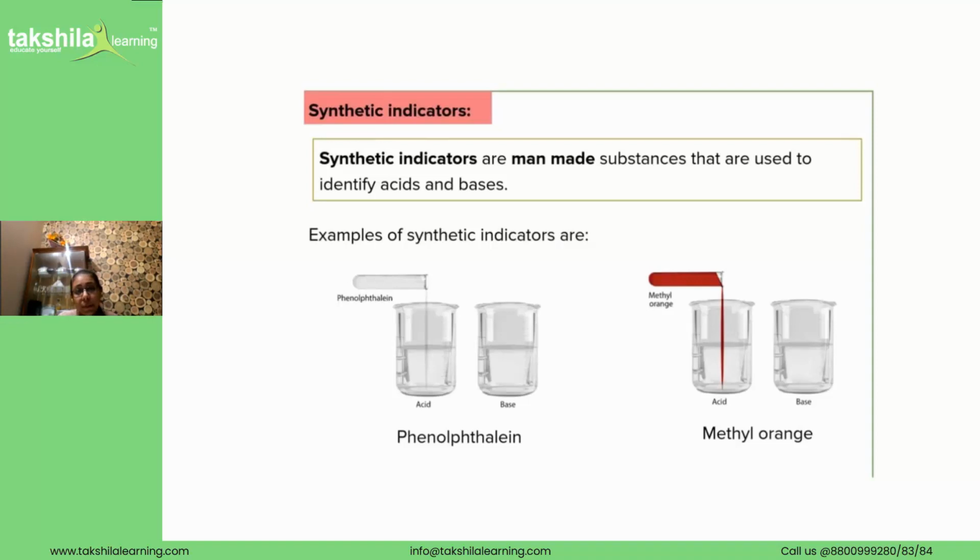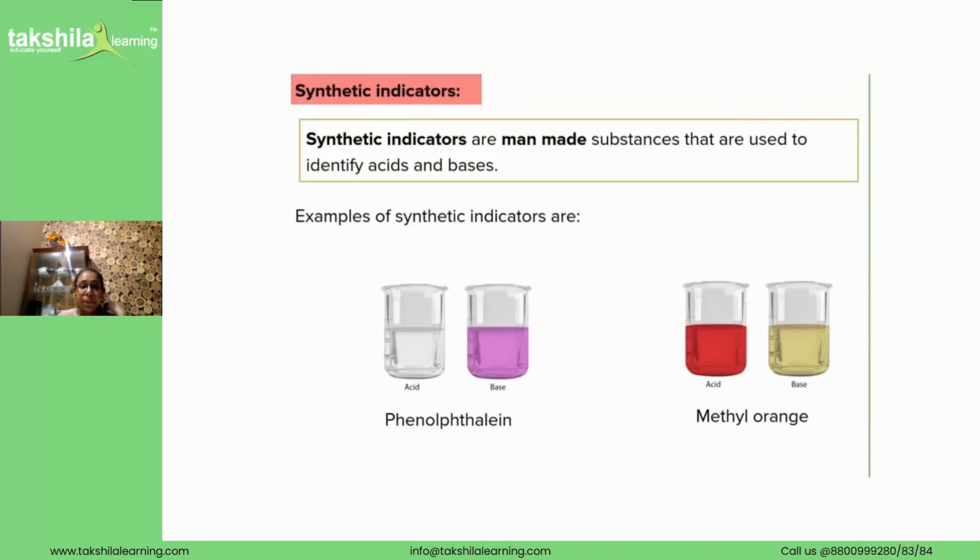As I told you, there are two most common synthetic indicators. The first one is methyl orange and the second one is phenolphthalein. Now, this example shows what the colors of phenolphthalein and methyl orange look like in an acid and a basic solution.